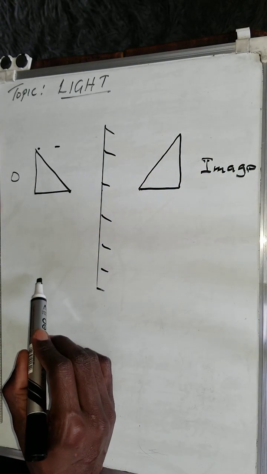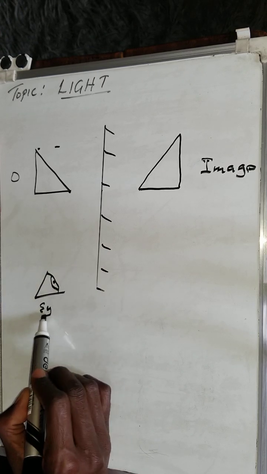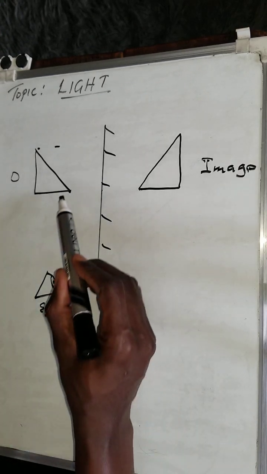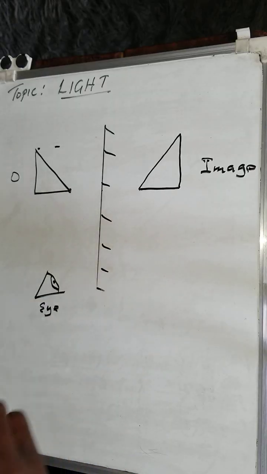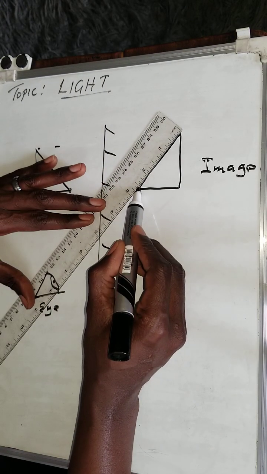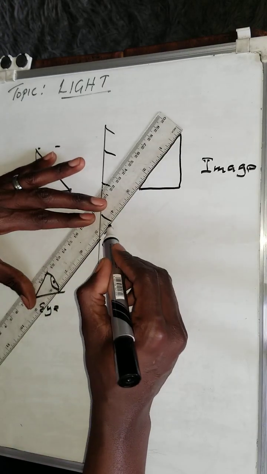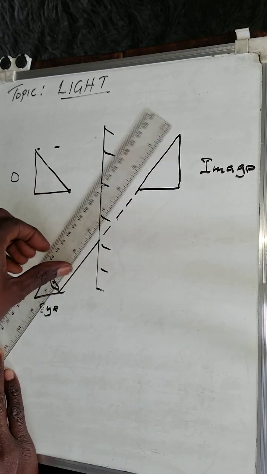It doesn't mean that you have to look at the entire object. When you're drawing a ray diagram, you can just look at one point. For example, I'll use this point there. I'll start from the image there, looking at that same point. Remember, in front a solid line, behind a dotted line.